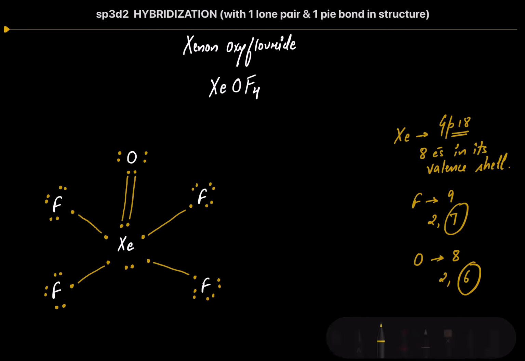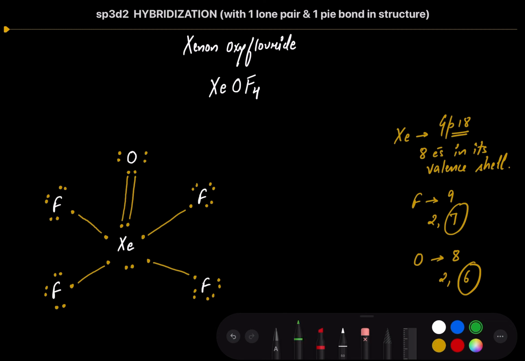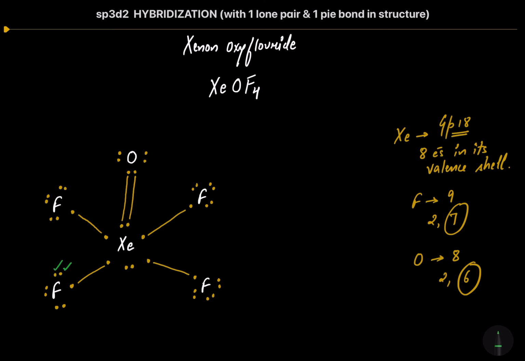Now let's count the number of electrons for all the fluorines and the oxygen after making bonds with the xenon. Let's come to the first fluorine. I'm counting the number of valence electrons for the first fluorine. That's the first electron, second, third, fourth, fifth, sixth, seventh, and the eighth.